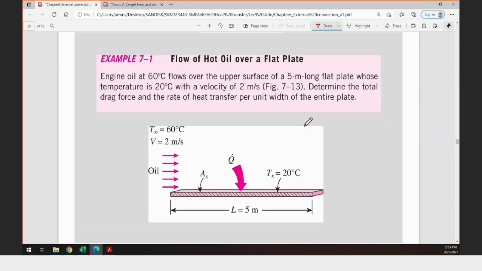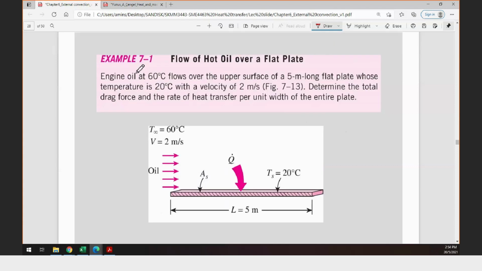Okay, let's look at some example. Hopefully you can understand more from the example. This is an example from the textbook. Quite easy, in fact straightforward, because they show you how to do this.